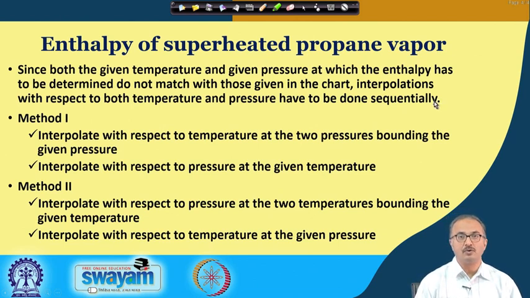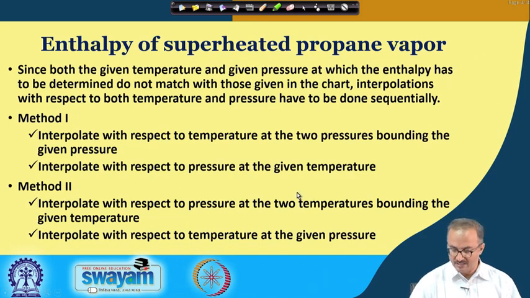Now the point is: what sequence should we adopt, whether we should first go with the temperature interpolation and then pressure interpolation, or first pressure interpolation then temperature interpolation. This can be done arbitrarily, and we shall see that it really does not matter which sequence you follow. So in method 1, we interpolate with respect to temperature first at two pressures bounding the given pressure, and then we interpolate with respect to pressure at the given temperature.